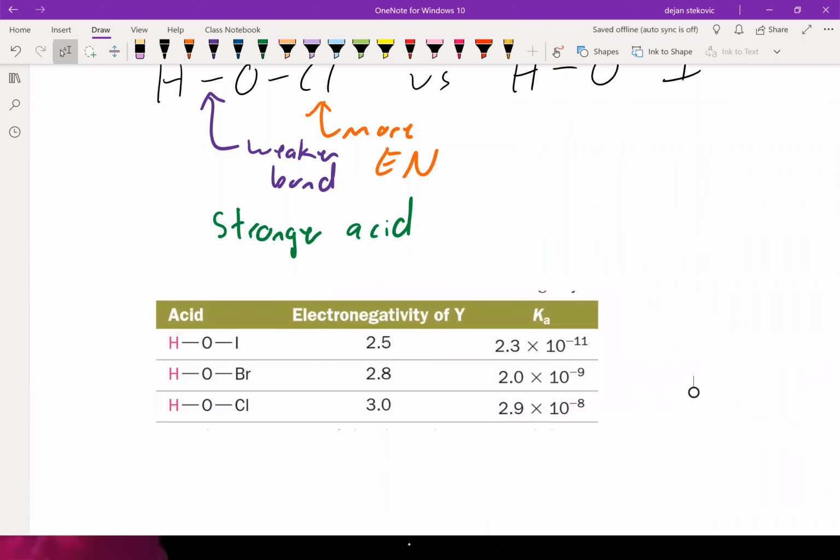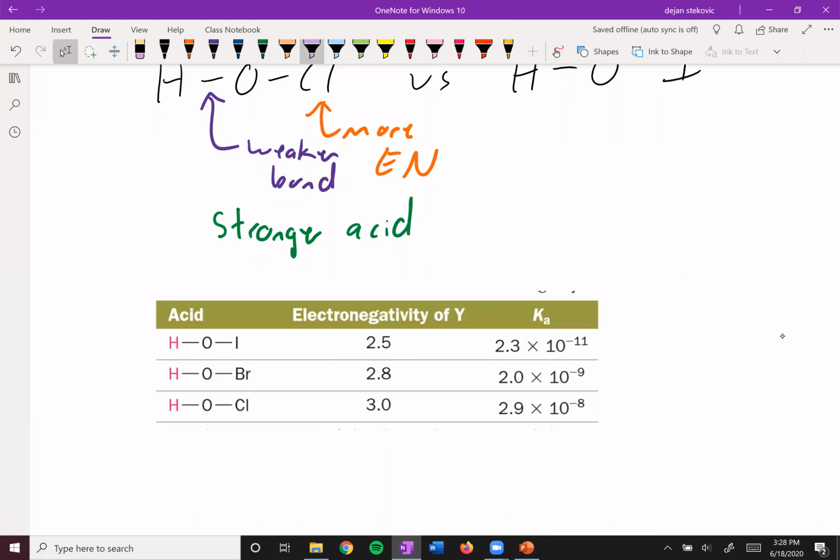And so you can see that in this chart, as the electronegativity increases, the Ka increases. We get more and more acidic, right?